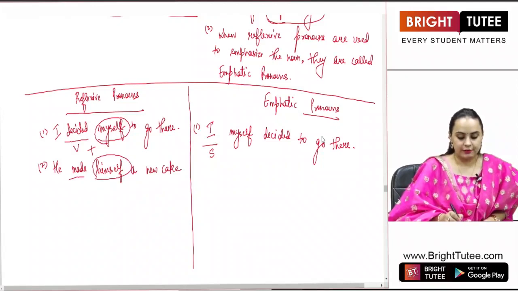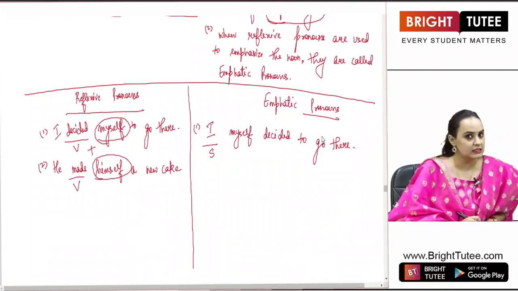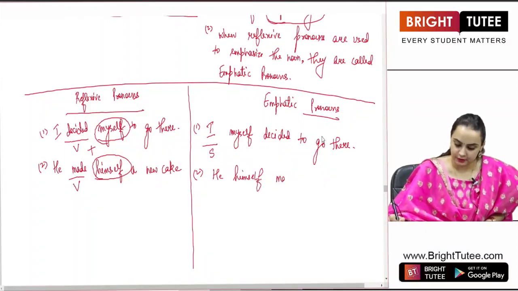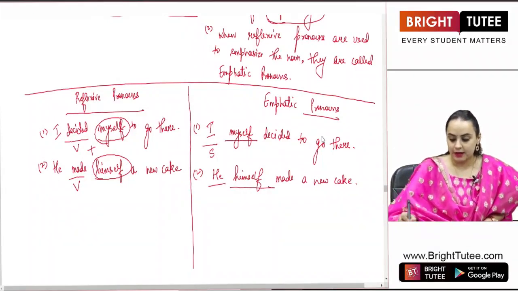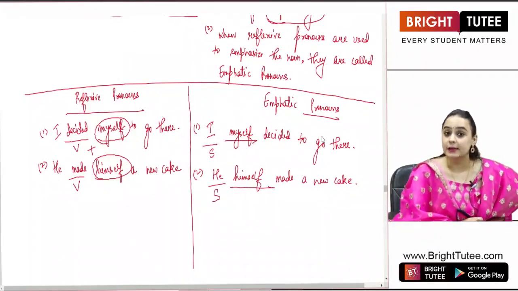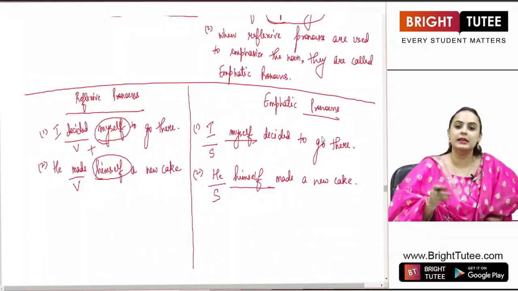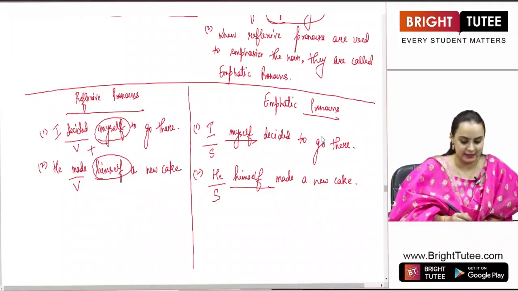This is a reflexive pronoun because it is preceded by a verb. If I change it to an emphatic pronoun, he himself made a new cake. Here, my pronoun is preceded by the subject. He himself made a new cake means nobody but he only did that. So, the emphasis is being laid on it.